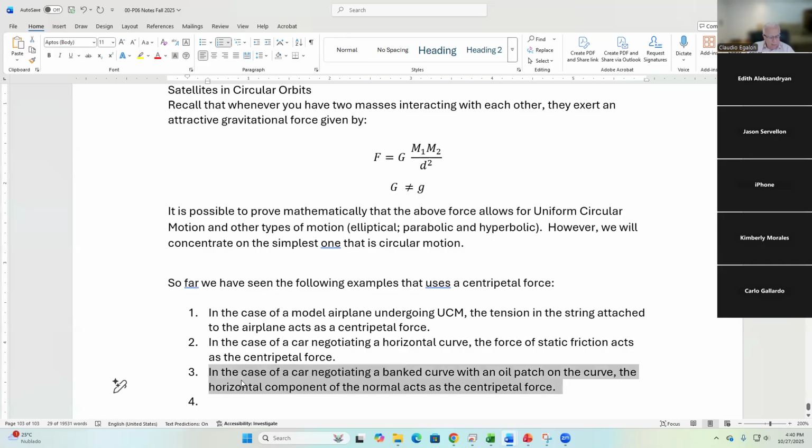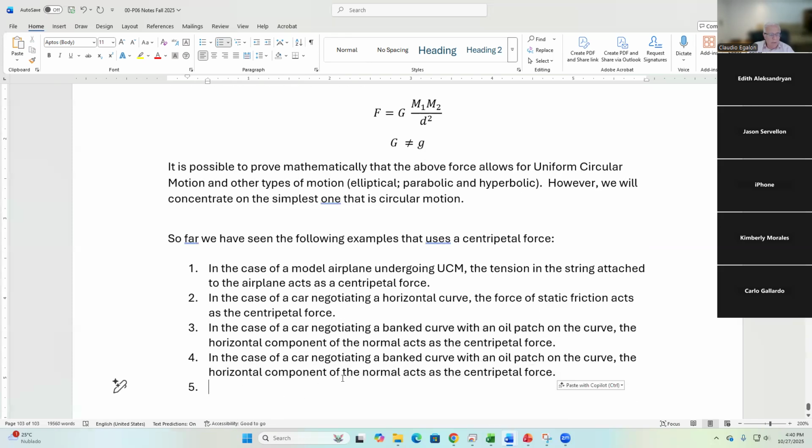The next one is the one that we didn't do. In the case of a car negotiating a banked curve without an oil patch on the curve, the horizontal component of the normal and the force of static friction act as the centripetal force, and so on, right? And now we have this other case as well.